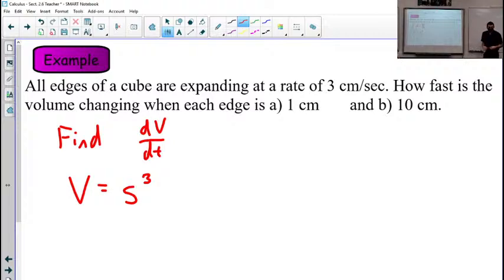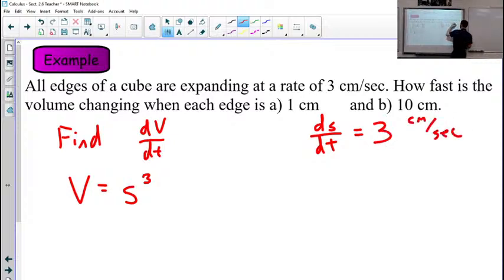And what we are given here is that ds/dt, in other words, the rate that the sides are changing, is 3 centimeters per second. That is ds/dt. So we're using that rate for the sides to solve for the rate of the volume. Rates that are related.